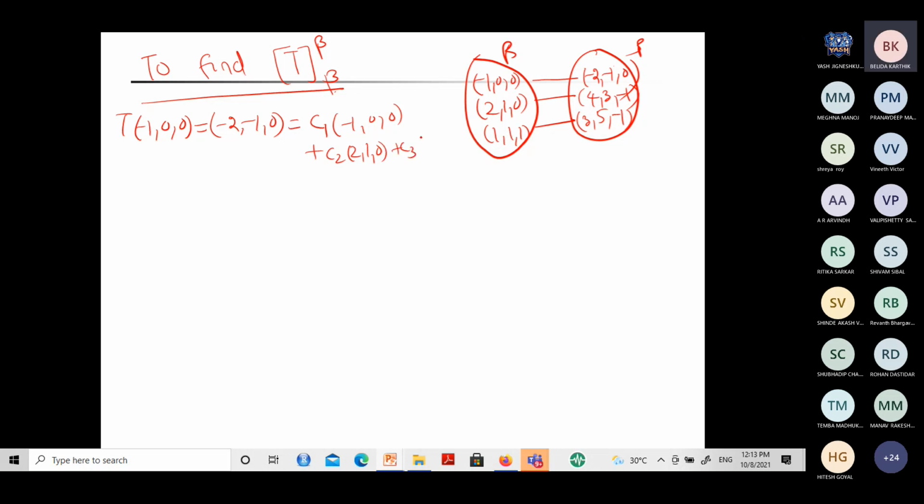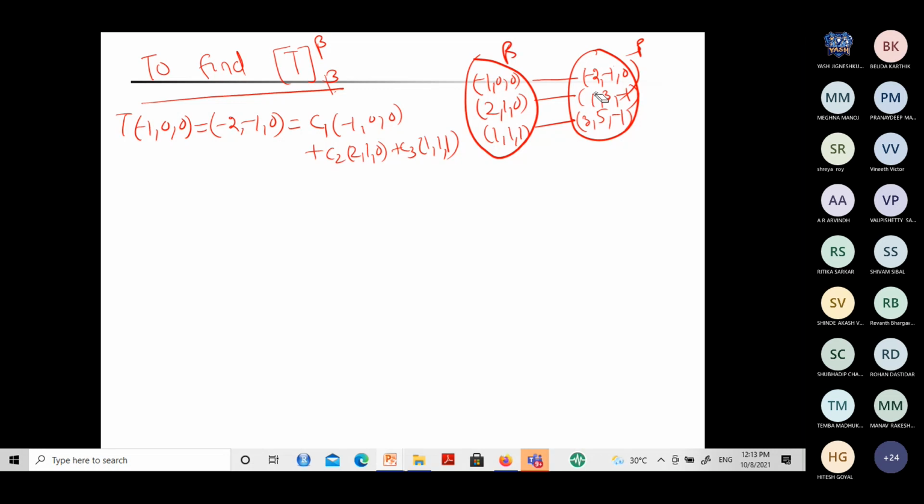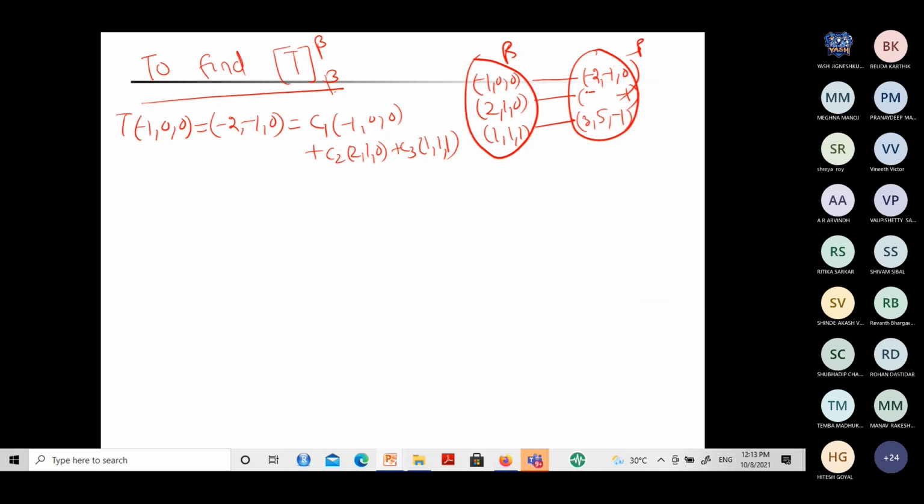Ma'am, second one is (5, 3, -1). Yes, (5, 3, -1). Okay. Can you please solve this now? C1, C2, C3 come out as 0, -1, 0. Yes, ma'am, obvious.